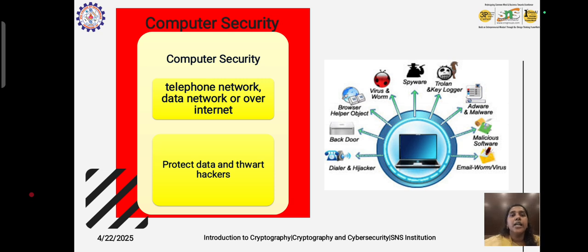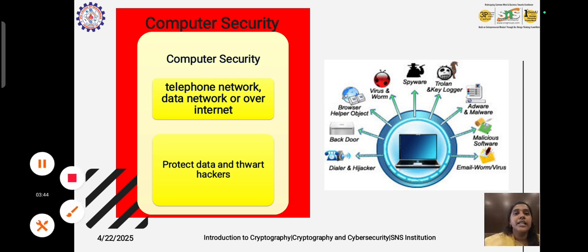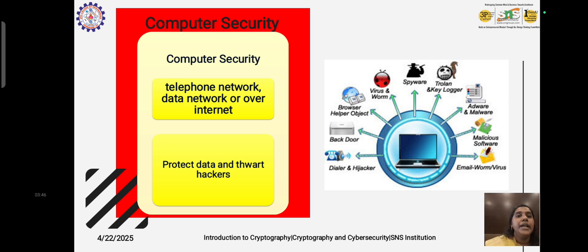Next comes computer security. Computer security mainly includes browser helper objects, backdoors, hijackers, viruses, worms, spyware, trojans, adware, malicious software, and email worms.